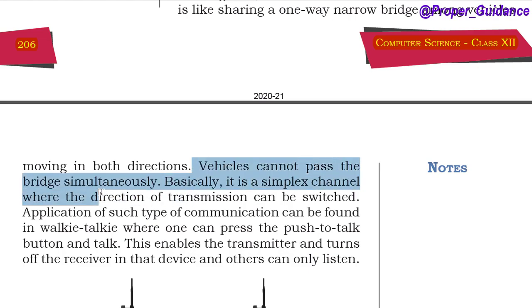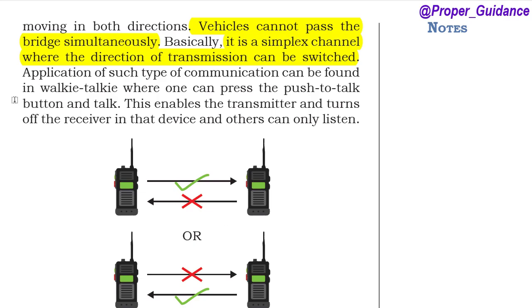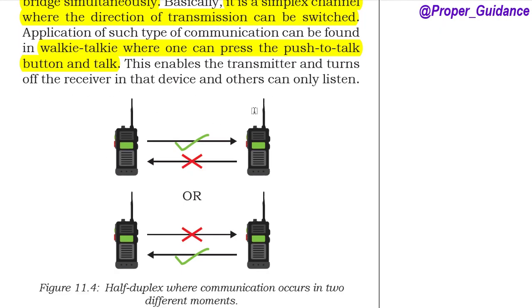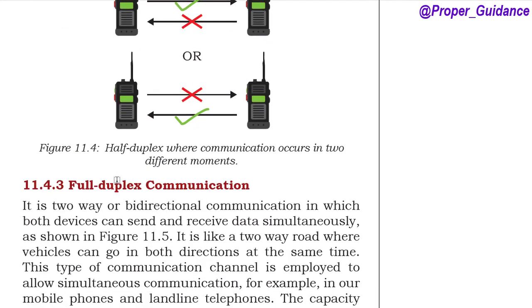Vehicles cannot pass the bridge simultaneously. So basically it is a simplex channel where the direction of transmission can be switched. Application of such type of communication can be found in a walkie-talkie, where one can press the push-to-talk button and talk. This enables the transmitter and turns off the receiver in that device, and others can only listen. Okay.